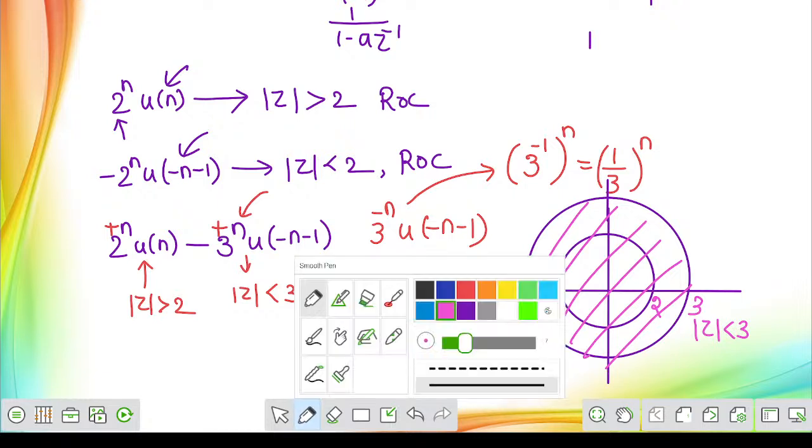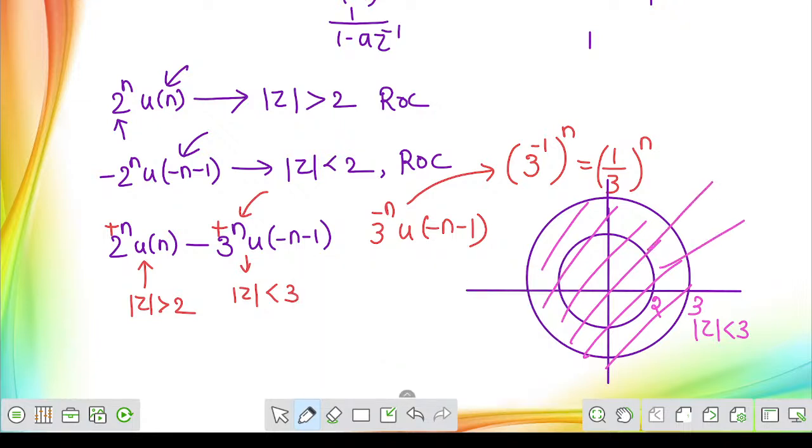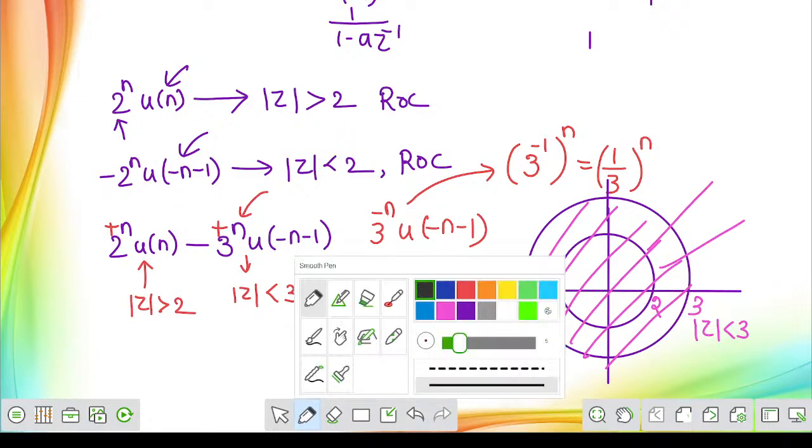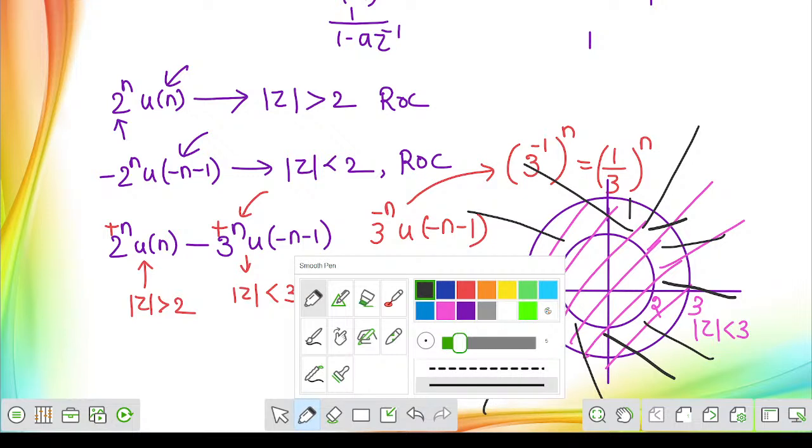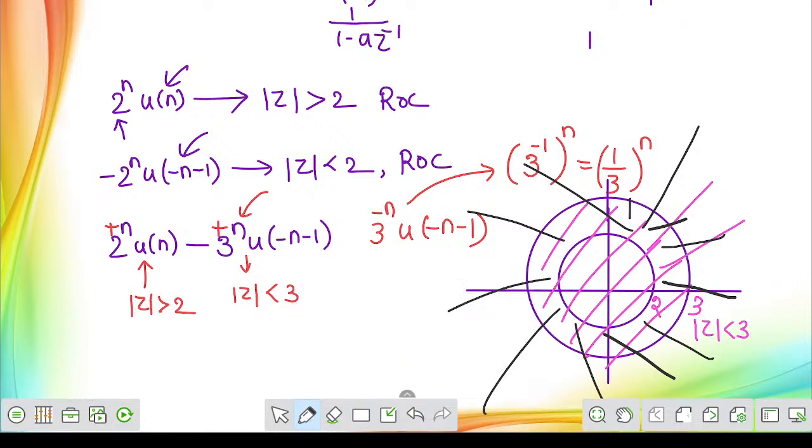Whereas mod z greater than 2 means how will you draw? Mod z greater than 2 means I will have to consider all the region above, like this. If it is greater than 2, then you must consider the entire zone above 2. Now, out of this whole region, what will be your resultant ROC? The resultant ROC will be the common zone between 2 and 3.